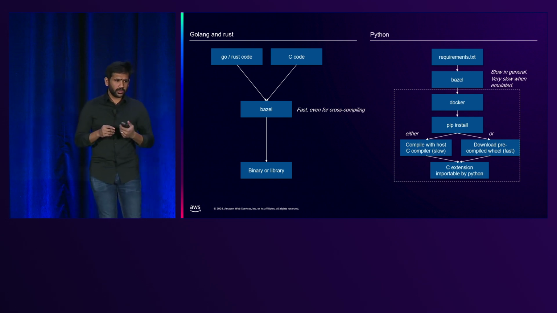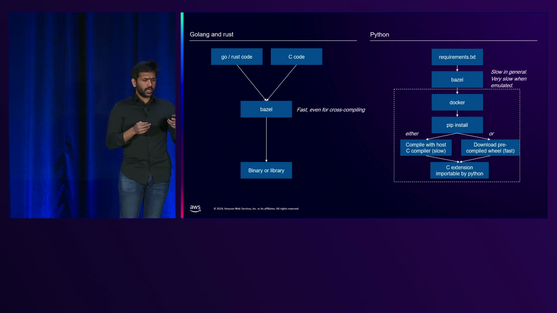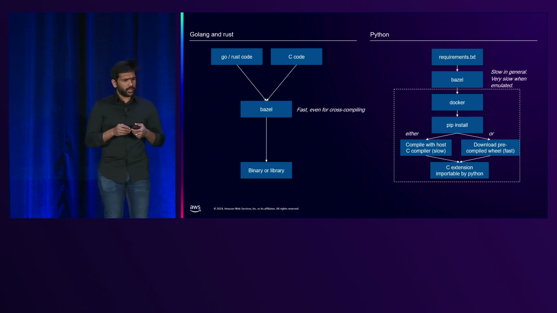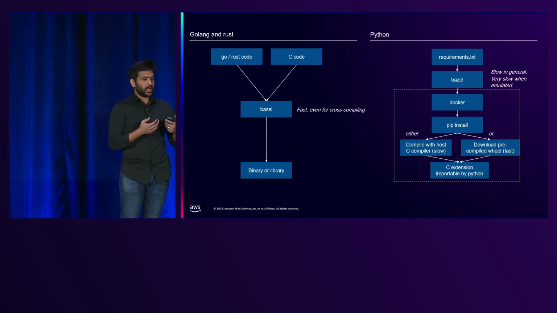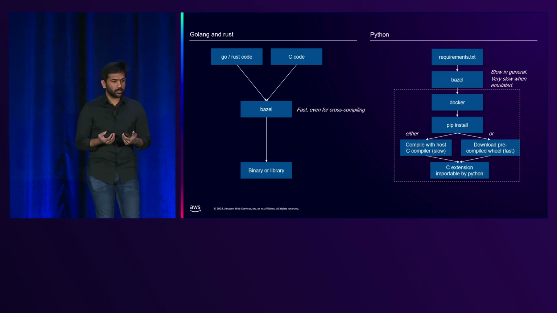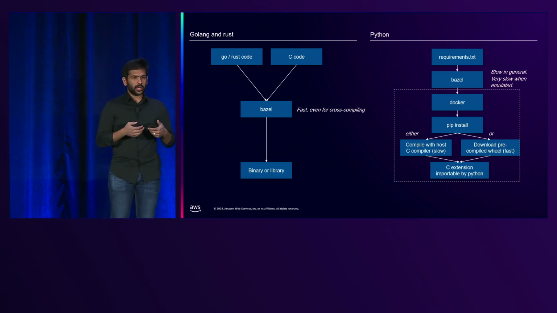But for Python, as you can see, the process itself is a little slow because we have to make sure that we pip install the packages. If they are pre-built, we just pull them from Artifactory, but otherwise we have to compile the code using the C compiler and make sure that this artifact is released.